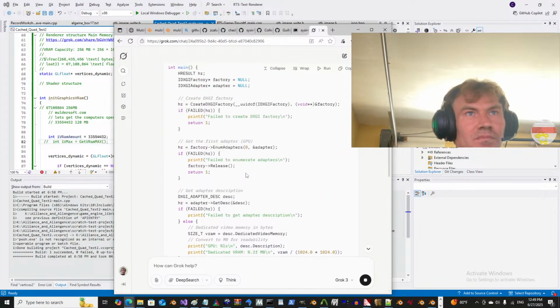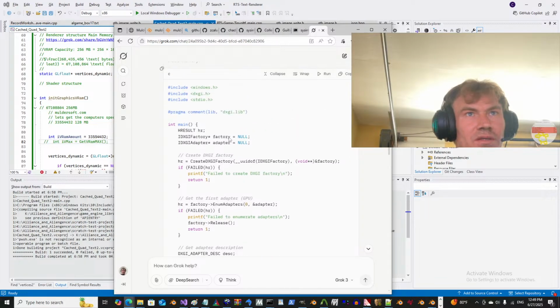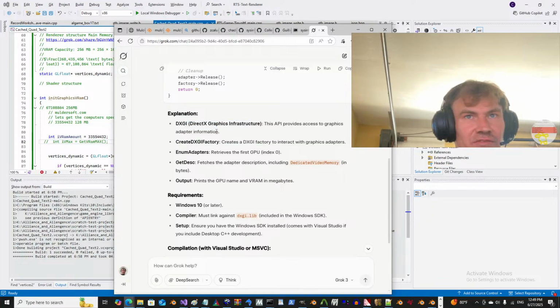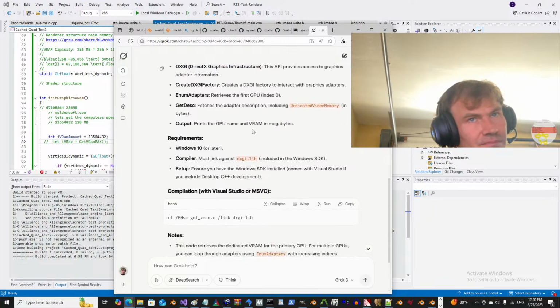So here, yeah, he's using the DirectX driver. Okay, DirectX graphics infrastructure. Yeah, linking against this can be futile.